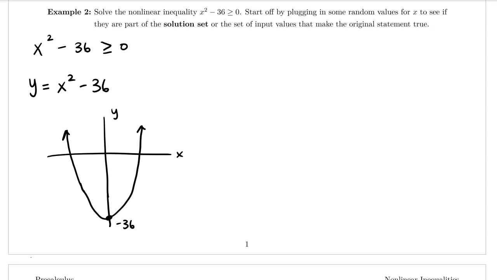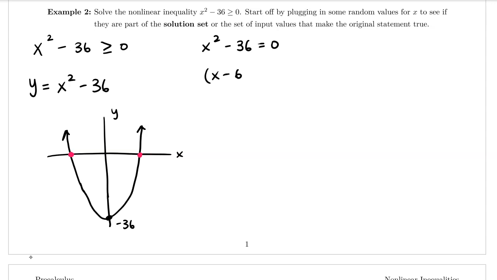Now, it would probably be helpful for us to figure out our x-intercepts, and there's several different ways that we could go about doing this. Let's look at one of the ways. If I took x squared minus 36 and set this equal to 0, one of the ways that we could go about solving for x is we could factor, and x squared minus 36 is an example of a difference of squares.